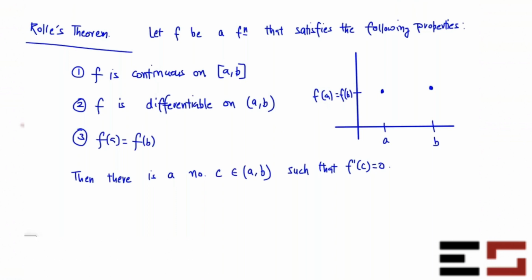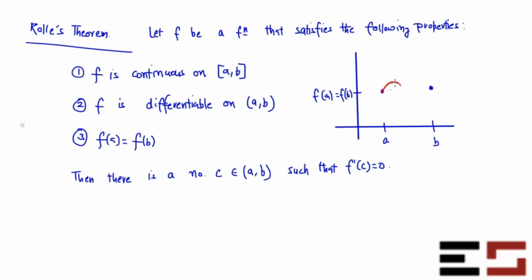So if I keep all these three constraints in mind and try to draw the graph of some function, one possibility is that the function goes up in this direction. Then I have to come back here, so at some stage I'll have to come down.